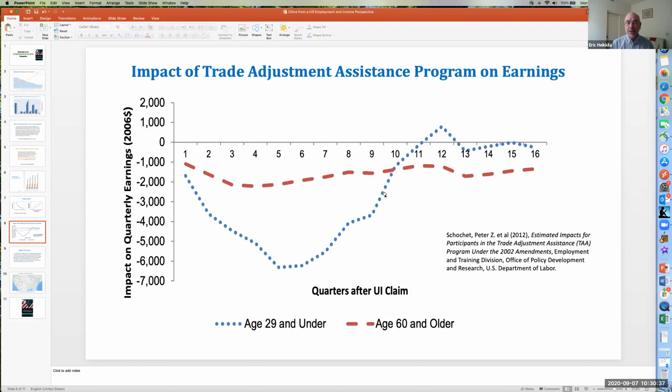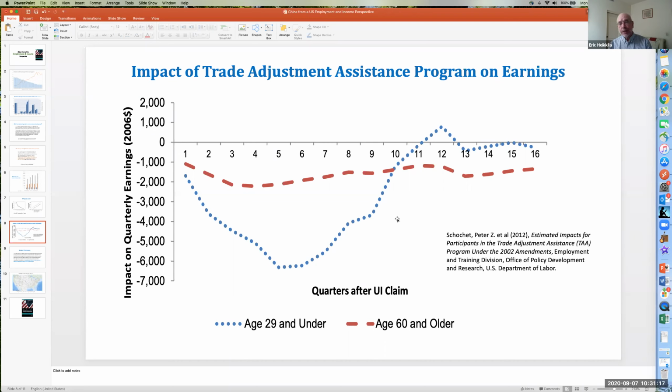So the question is, how does this kind of training assistance do? Does it help? This graph, if we look at the blue dotted line, shows how the income of workers who do receive this training compares quarter by quarter, 4 quarters a year, as they undertake the training and then go back into the workforce.